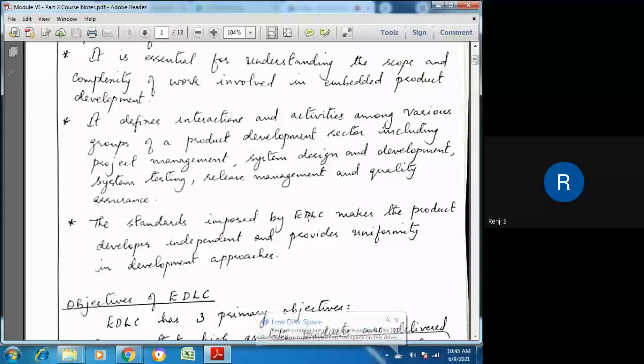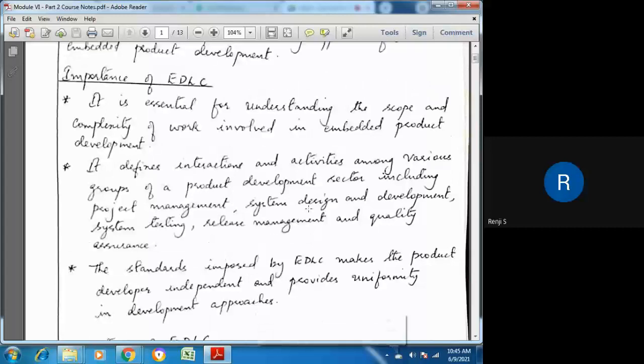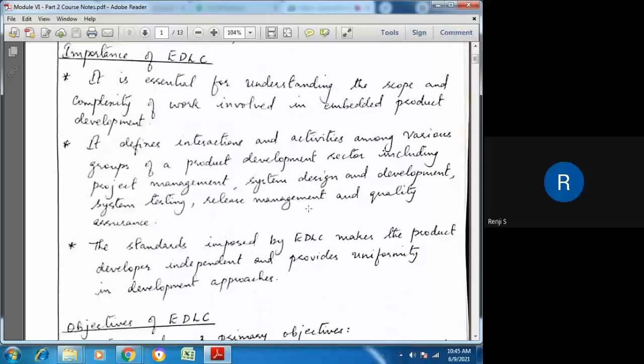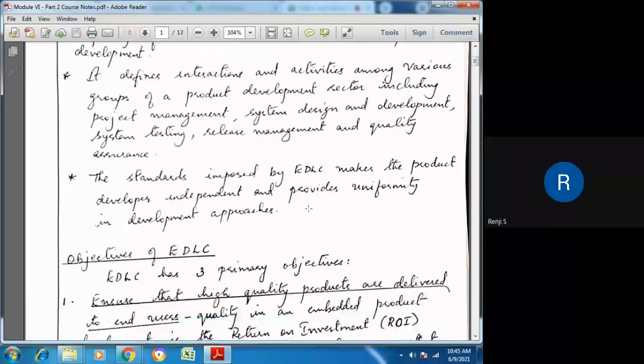Then the third point is that the standards imposed by EDLC will make it developer independent. That is, if certain standards are followed during development, then any developer who enters the development process can easily understand what is going on since standards are being followed. So it makes it developer independent.